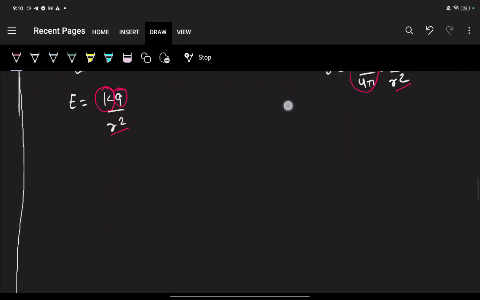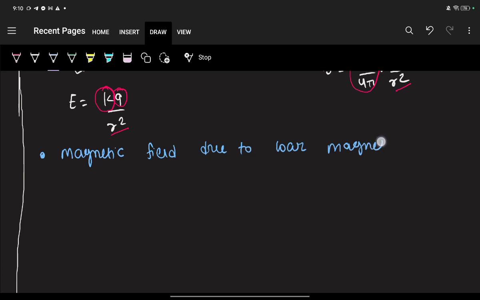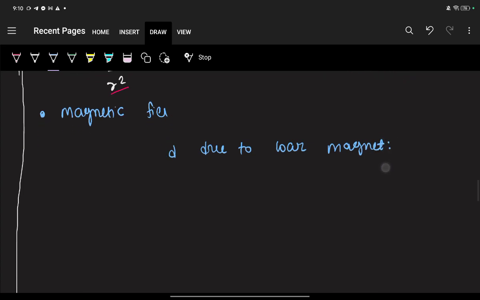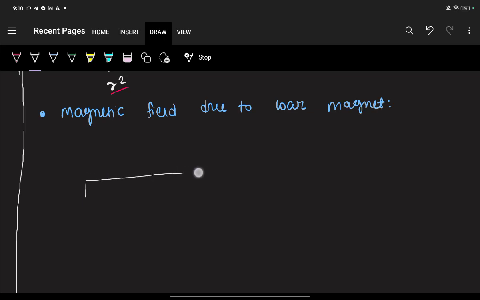Now let's find out the magnetic field due to a bar magnet. So let's say this is our bar magnet, plus M, minus M. This is its center, okay?